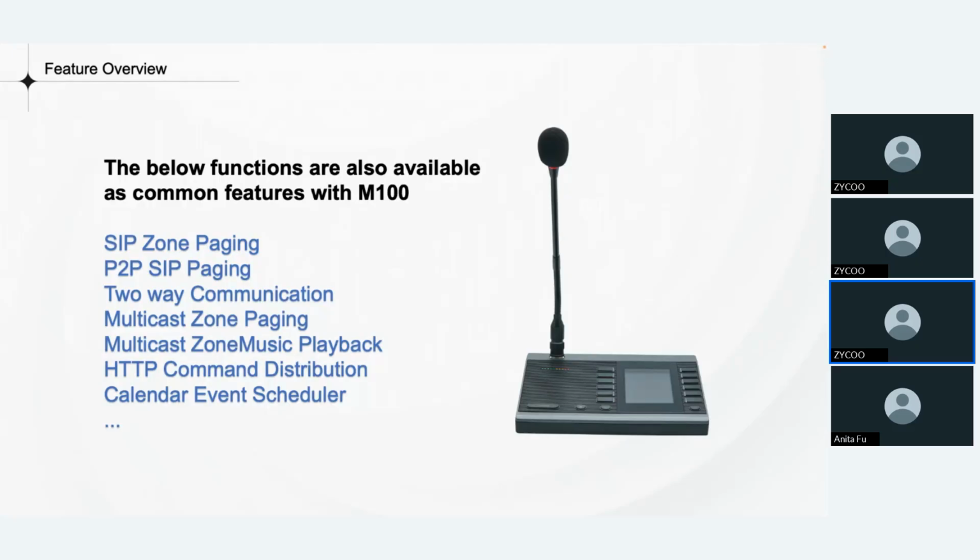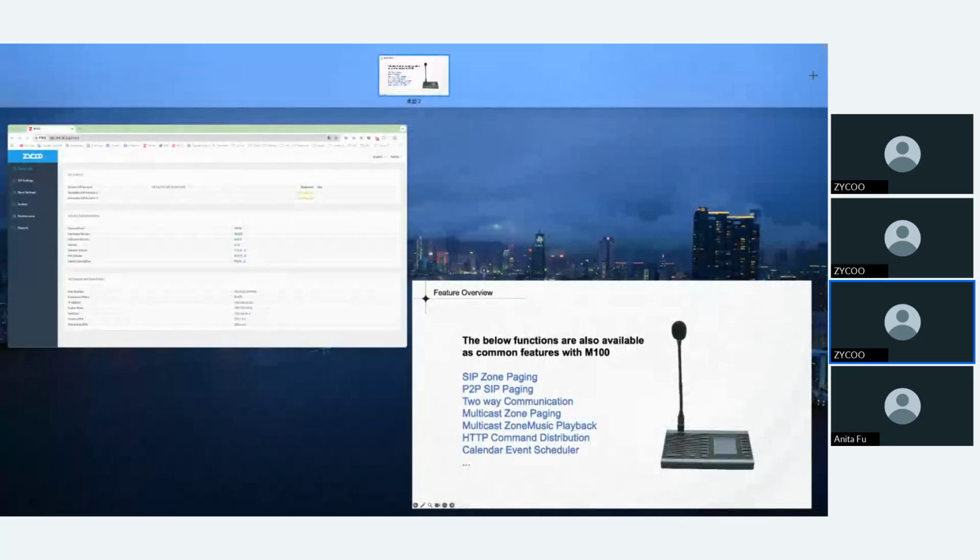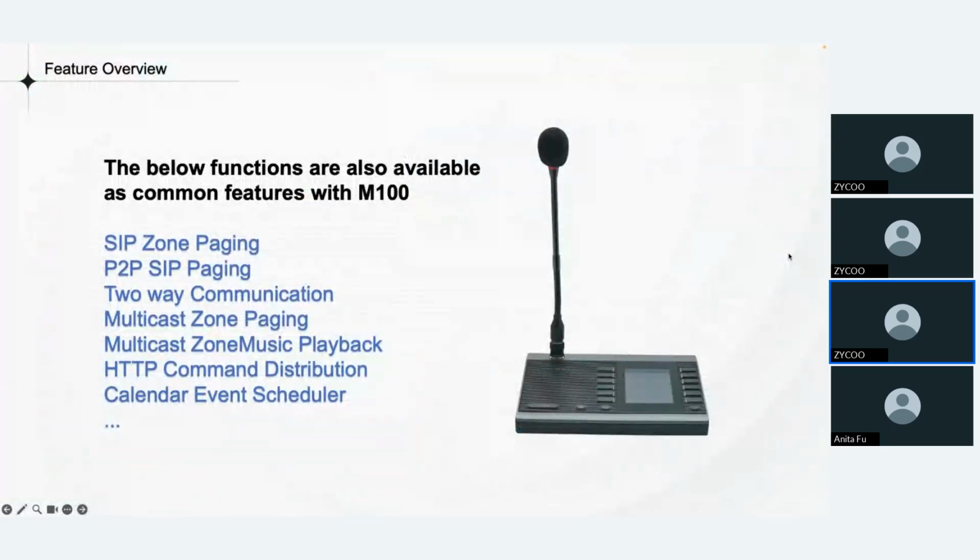And if you don't want to use a SIP server or any other server, you can just use our multicast feature to realize. Multicast paging will enable one-to-many communication without a SIP server, and the multicast music playback feature will broadcast music to multiple zones.